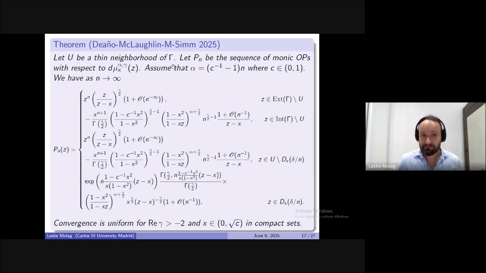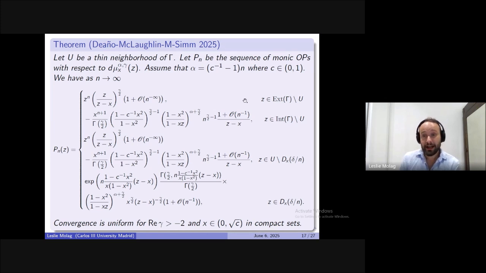So we again consider some thin neighborhood of this curve gamma. We consider the monic orthogonal polynomials, so with leading coefficient 1. And we consider the regime of strong non-unitarity, so alpha is of this form here. And then in the large n limit, we get the following behaviors.